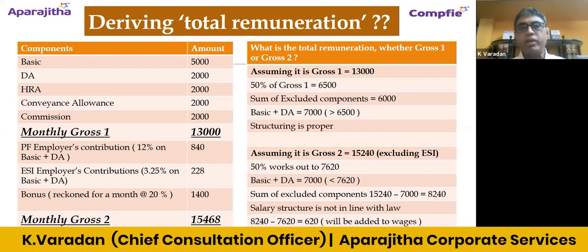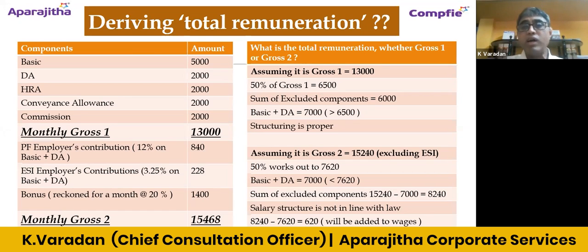Now come to the right side. So what is the total remuneration? Only if I know what is the total remuneration in the first place, only then can I arrive at the wage. So what is total remuneration? Now, should I take the monthly gross 1 or monthly gross 2? What should I take? I think that clarity is needed, as I said in the beginning. So when the codes are implemented, for the industries to go ahead without any compromise, I think that clarity is required.